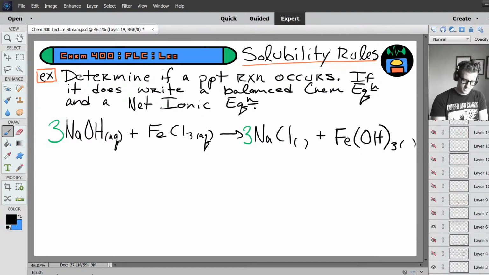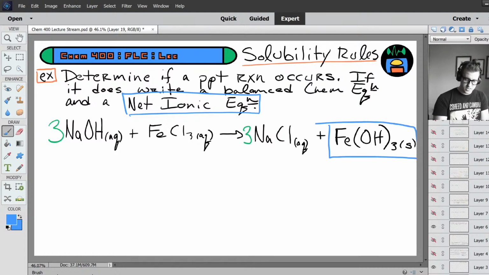Sorry, I lost my phase symbols there. Now, for the net ionic equation, remember, to write a net ionic equation, just look at your precipitate and build your net ionic equation off of your precipitate's formula.